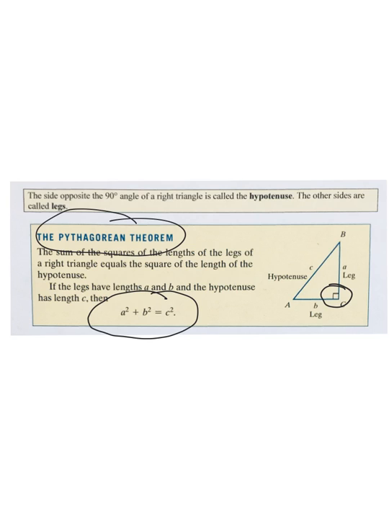However, be very, very careful with this formula because it does have an important restriction. That restriction is the letter c, that's squared by itself, has to represent the hypotenuse side. So you can't just plug in whatever sides you want into this formula.